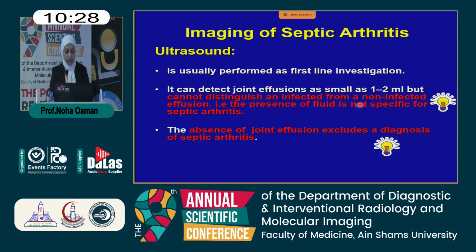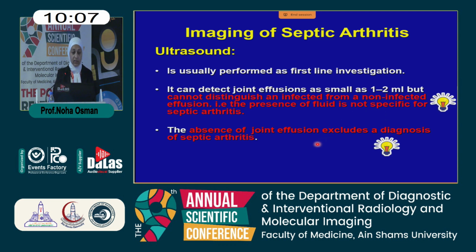Again, I want to mention that ultrasound can detect early in the disease process small effusions of 1 to 2 milliliters, but it cannot distinguish between infected and non-infected effusion. So ultrasound is not specific for diagnosis of septic arthritis.